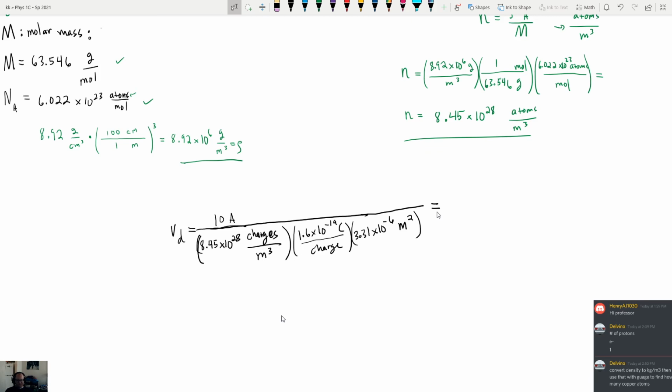Do other people get the same answer? I got 0.22 millimeters per second. Yeah, 0.22. That's right. So it ends up being about 2.23 times 10 to the negative 4.